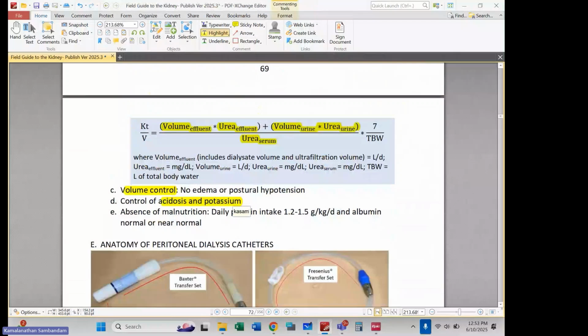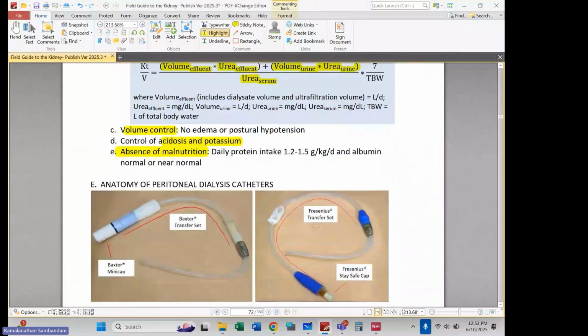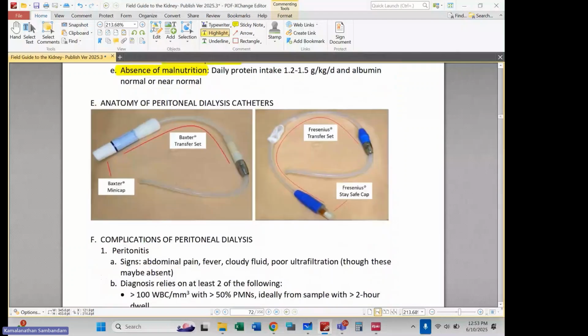So I've intentionally left it out. And then no signs of malnutrition. Okay, so I want to see my patients thriving. And there are measures of malnutrition, such as protein nitrogen appearance, which we'll talk about shortly.